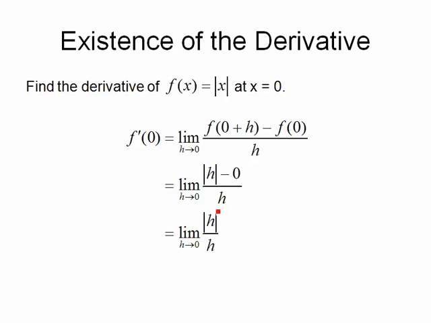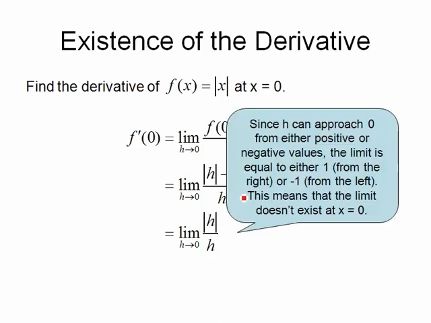If you have a small negative number into here, the top will come out to be positive, the bottom will be negative but the same, so when you divide it out, that's going to give you negative 1. Since h can approach 0 from either positive or negative values, the limit is either going to equal 1 from the right or negative 1 from the left, so your one-sided limits don't come out to be the same thing. So that means the limit does not exist, which means your derivative does not exist at the point x equals 0.